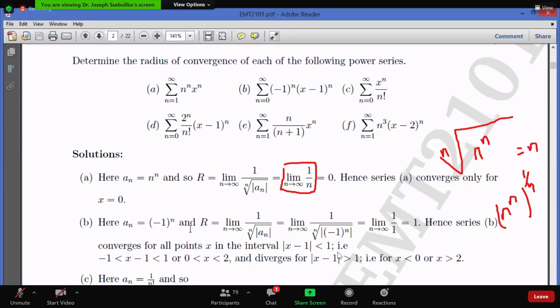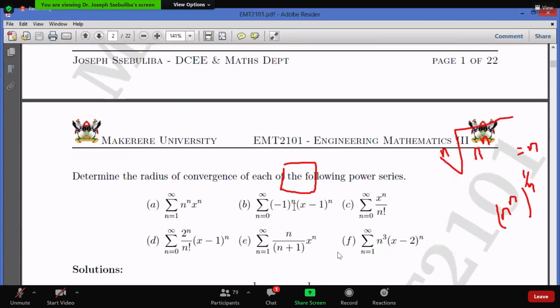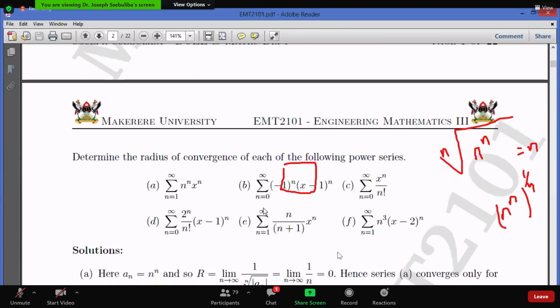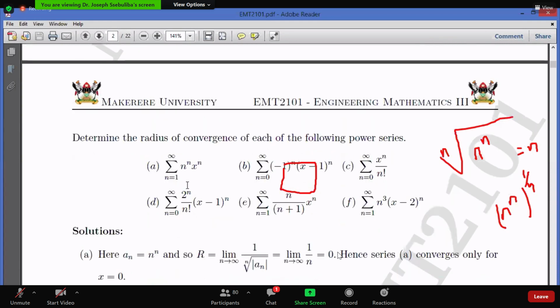Remember x keeps changing, and this is x to the power n, but n runs from 1. So if n runs from 1, you have x to the 1, then you have x squared, x cubed. Yeah? Why? Because when you take n to the 0, this will be 0, and this will be 0. So this whole thing here will be 0.